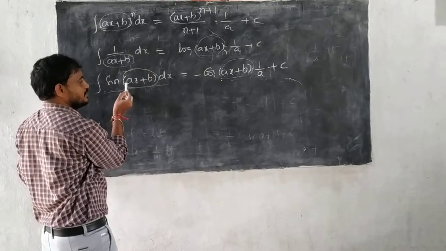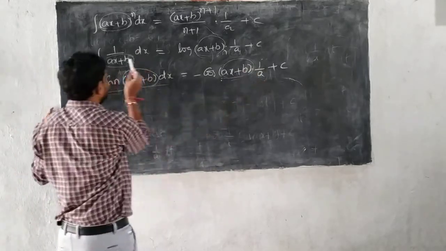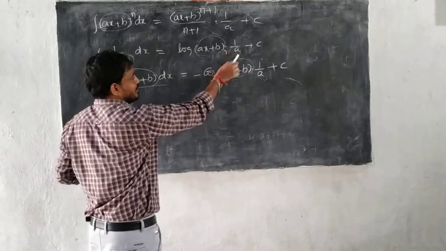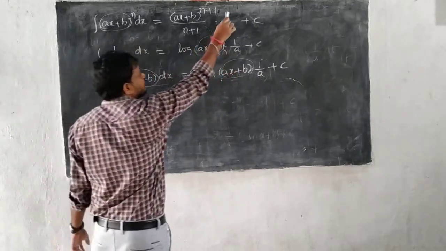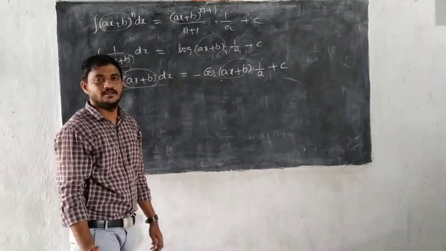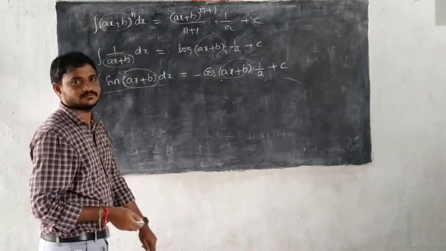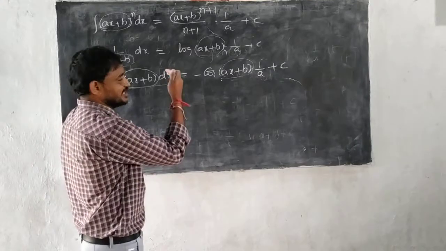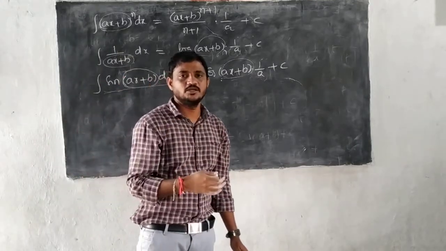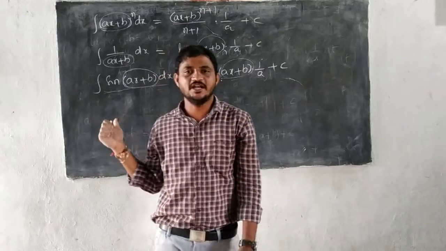Here the x coefficient is a, so 1 by a. After integrating we are writing the x coefficient. This is the process to convert into standard forms.